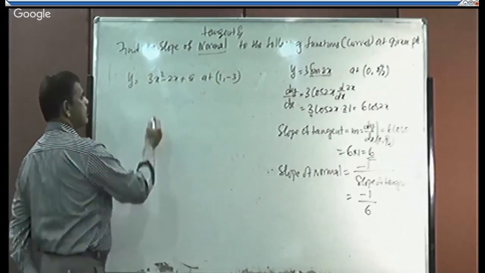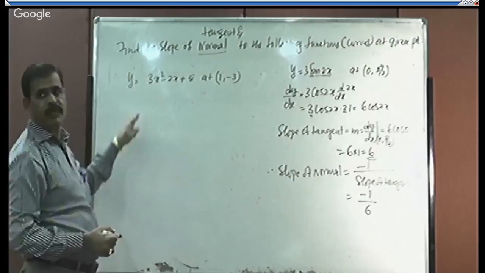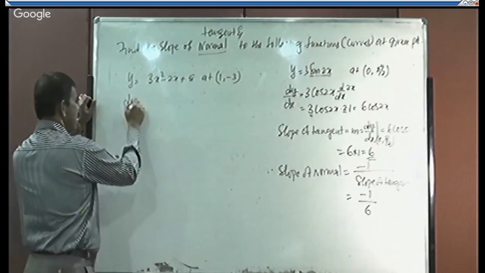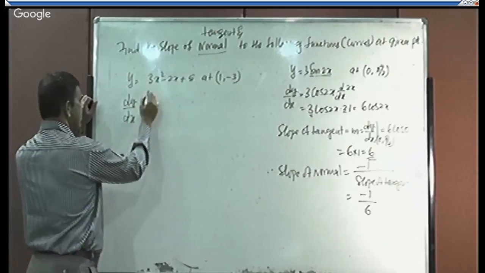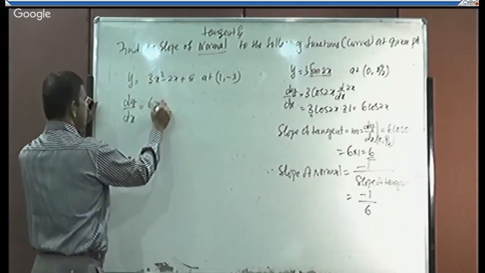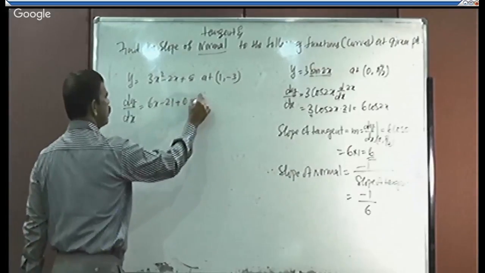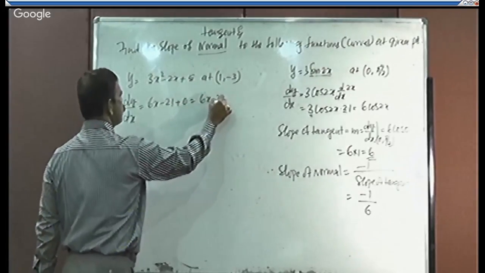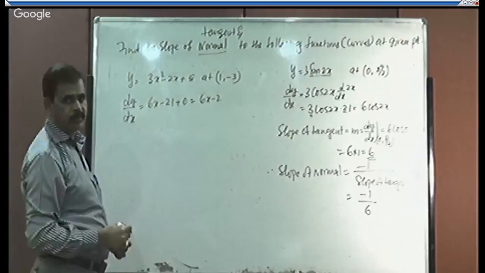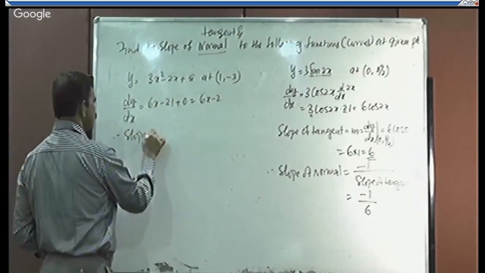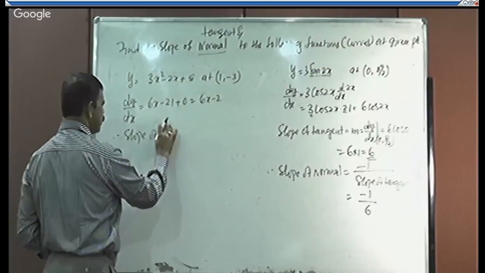So you need to differentiate the given function. dy by dx is equal to 3 into 2, 6x, minus 2 into 1, plus the derivative of 5, which is 0. 6x minus 2 is dy by dx, right?